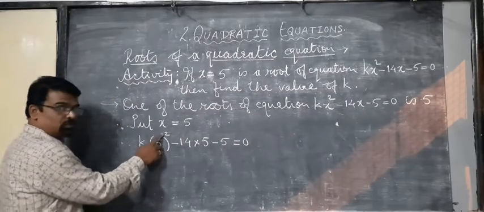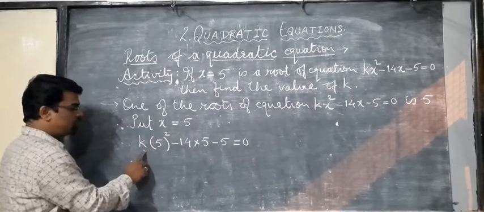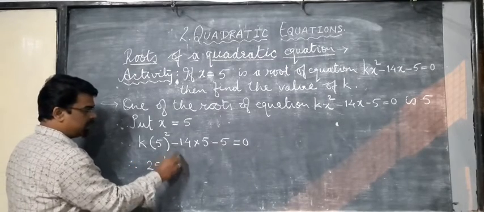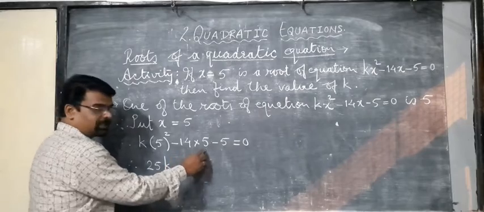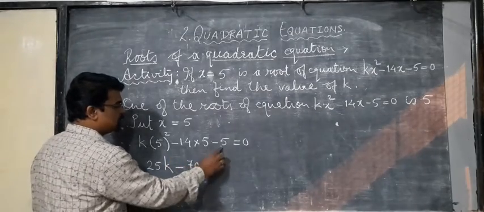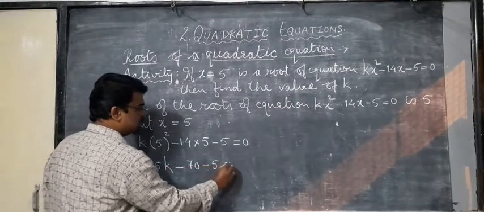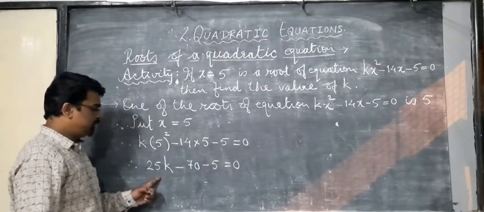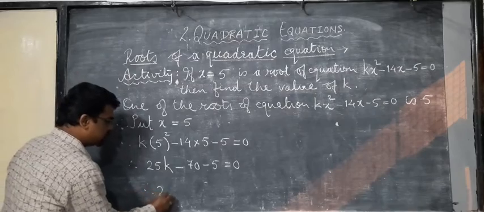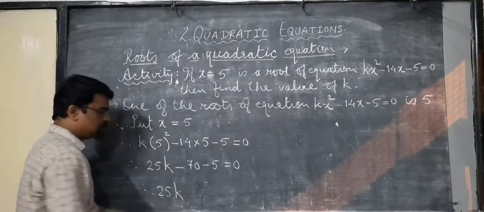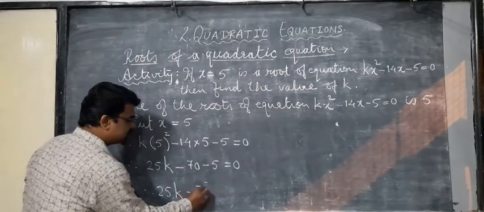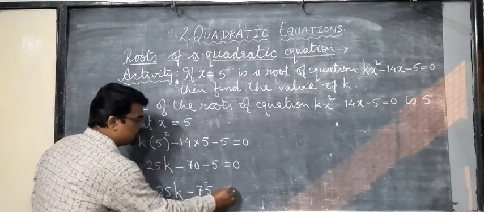Therefore, 5 square is 25, 25 into k, 25k minus 14 5s are 70 minus 5 is equal to 0. So it will be 25k minus 70 minus 5, which is minus 75, is equal to 0.